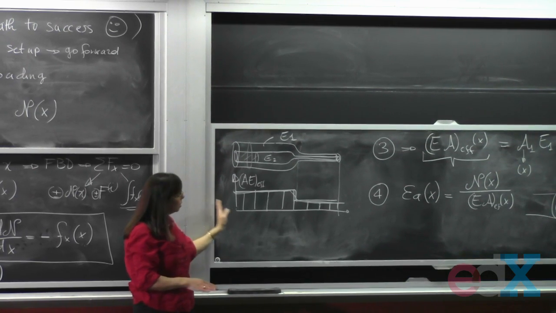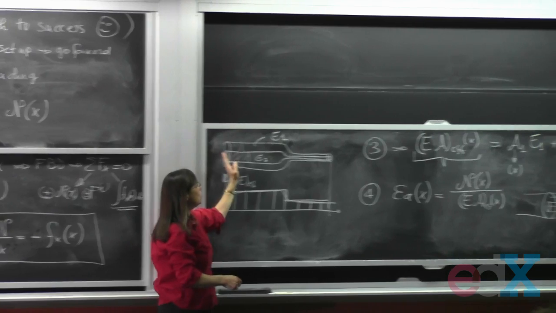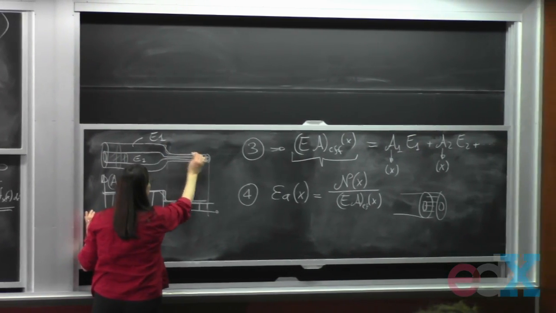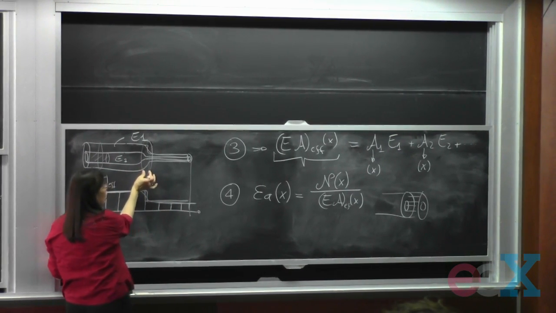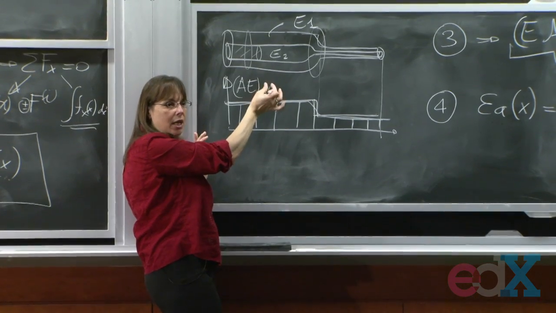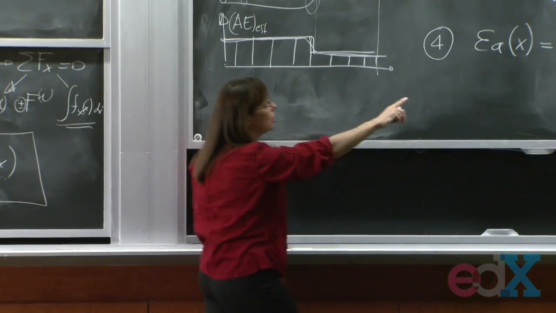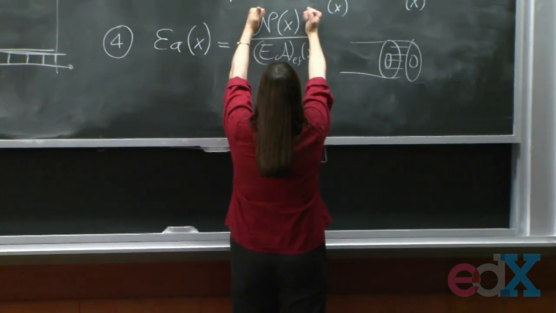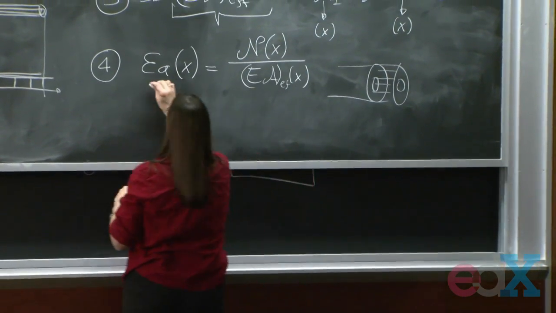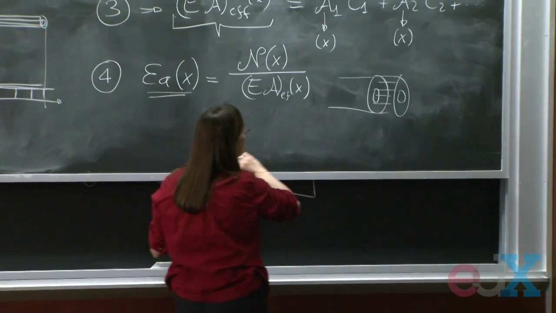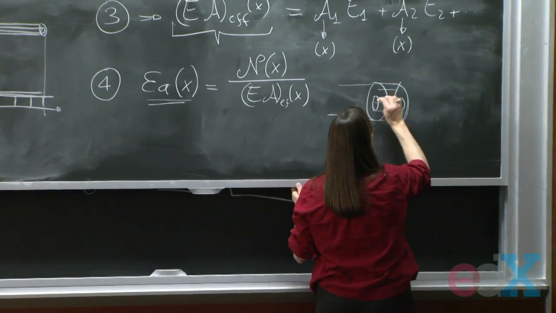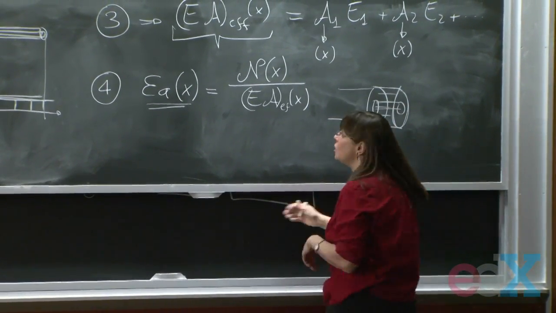All right, so when you see a cross-section that changes from here to here, normally over a certain length, we neglect what happens in there. We neglect that length. We just make it change like that. Okay, so we plot now N of x over the stiffness. This gives me the strain as a function of x. And I assume that the strain is the same everywhere in the section.